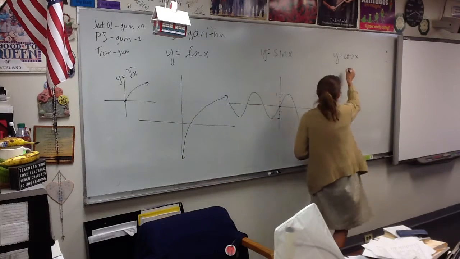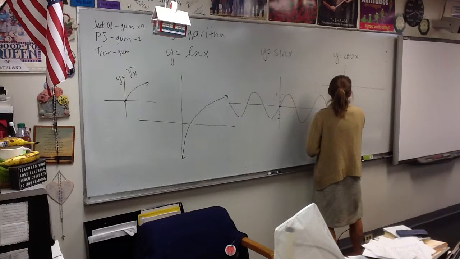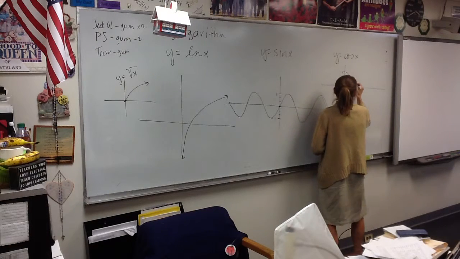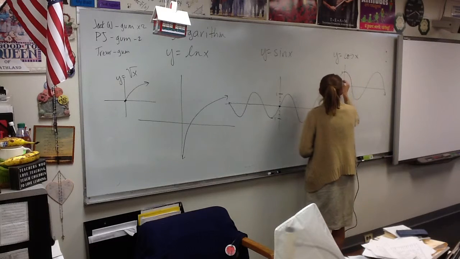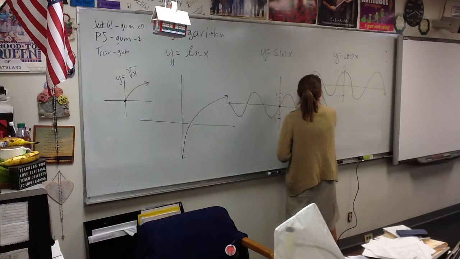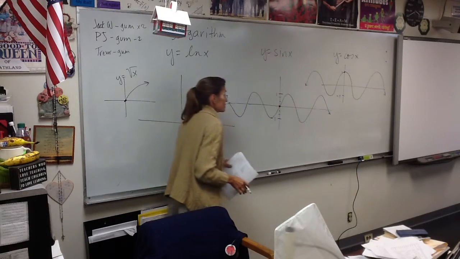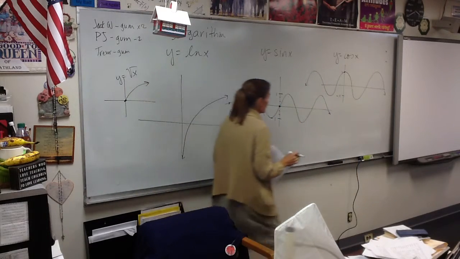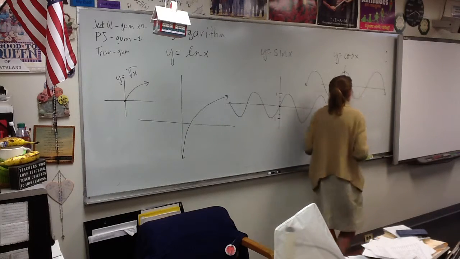Because when we do our cosine, kids, it has exactly the same shape, but what's different about it? It doesn't start at the origin, it starts up there. So it's important that you are starting your curve in the right spot.